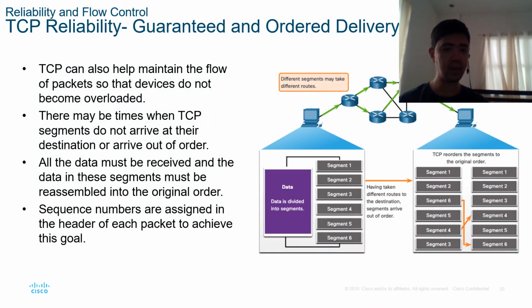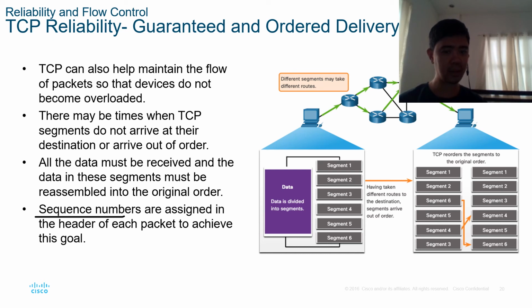For the reliability and guaranteed order delivery part, TCP data is divided into segments. To define the order of the segments, we have the sequence number. Just take note of that term, sequence number.